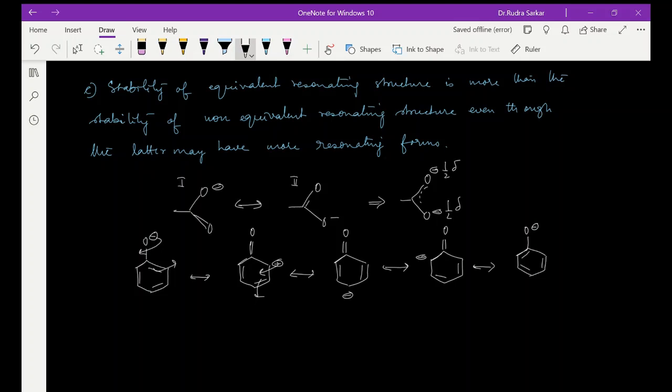So it is not always true that if a particular structure has more resonating forms, it will be the most stable one. If the forms are non-equivalent, then the eventual resonance hybrid will be less stable in comparison to the one which may have fewer resonating structures, but all the resonance structures over there are of equal energy.